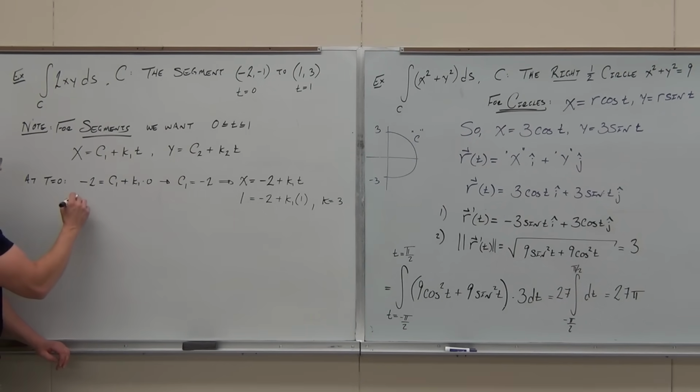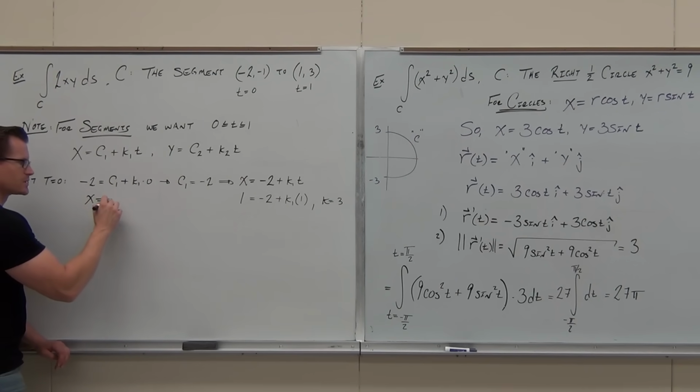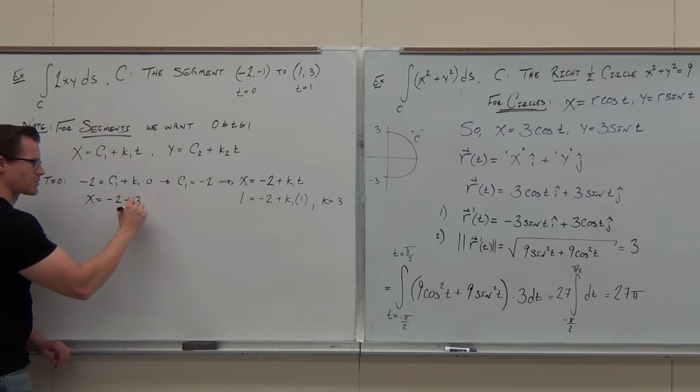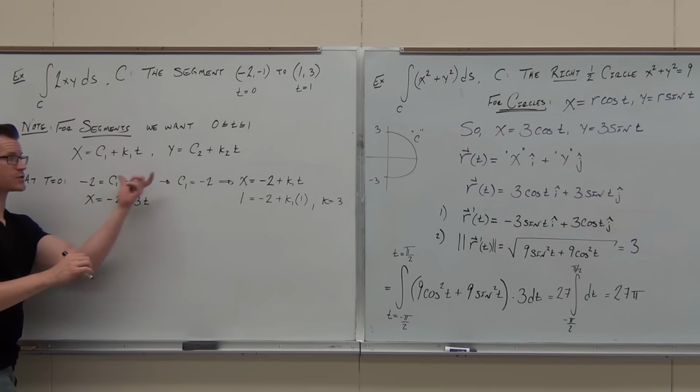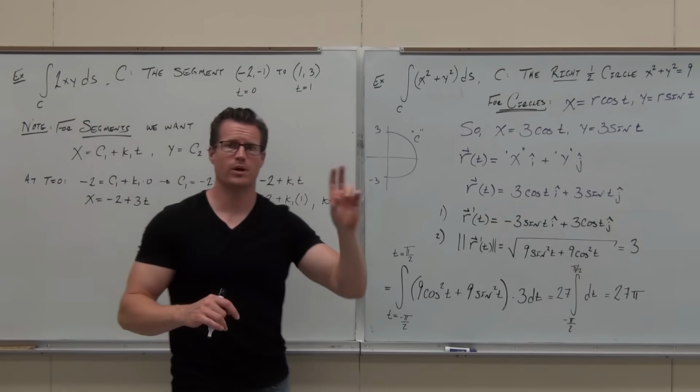Which means, combining these ideas, I get x equals -2 plus 3t. I solve for C1. I also solve for k. It's going to take you both points to do it.